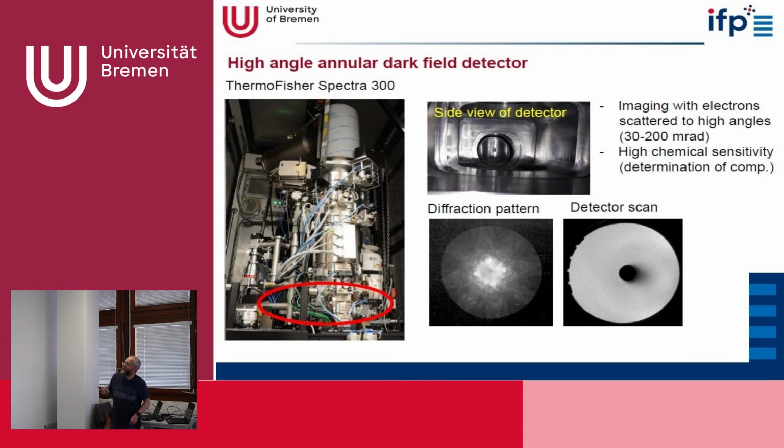That means if there is a heavier material somewhere, then more electrons will be scattered into these high angles, and therefore we get a higher intensity in these areas. That makes the contrast of the high-angle annular dark field detector highly chemically sensitive. This can in fact be used to measure the concentration, for example, in semiconductor heterostructures, which we did some years ago.